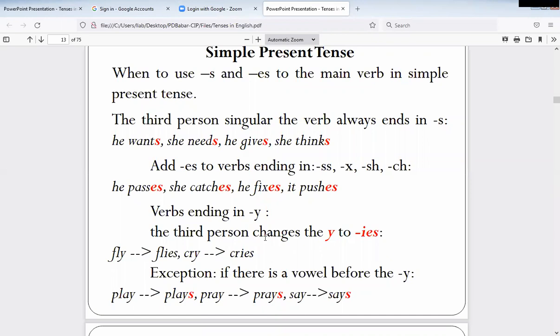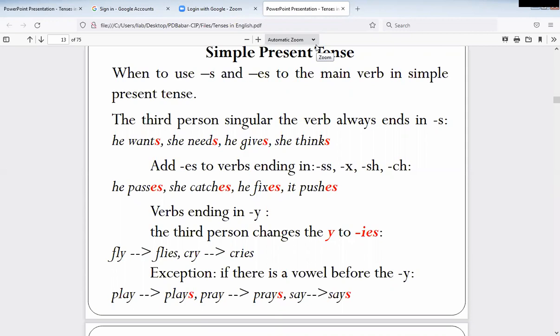So he flies, or she flies, or it flies. Then cry: he cries, she cries, or it cries.